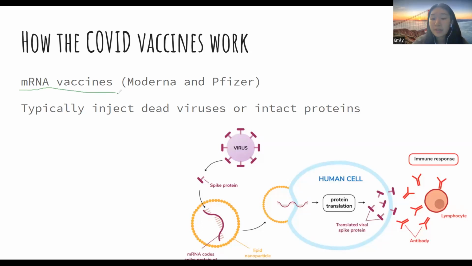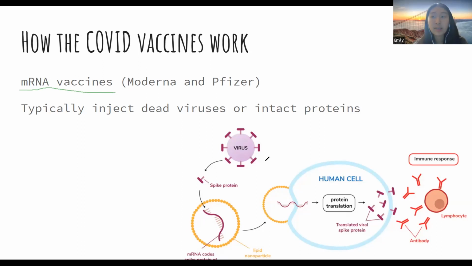So typically, vaccines work by injecting viruses that have been inactivated or fully killed so that they can't actually infect you, or parts of viruses or proteins from viruses are injected into your body.